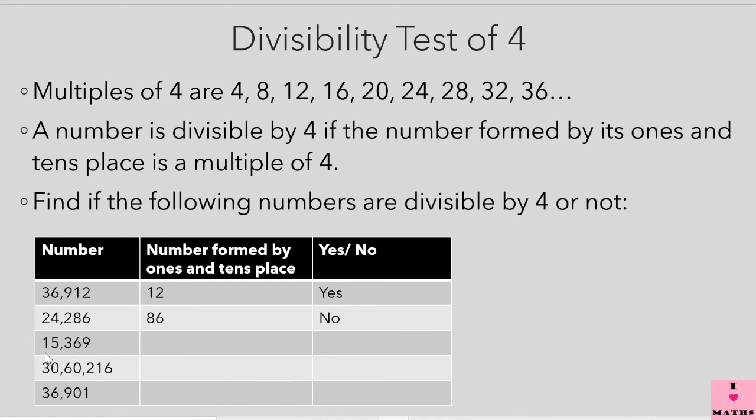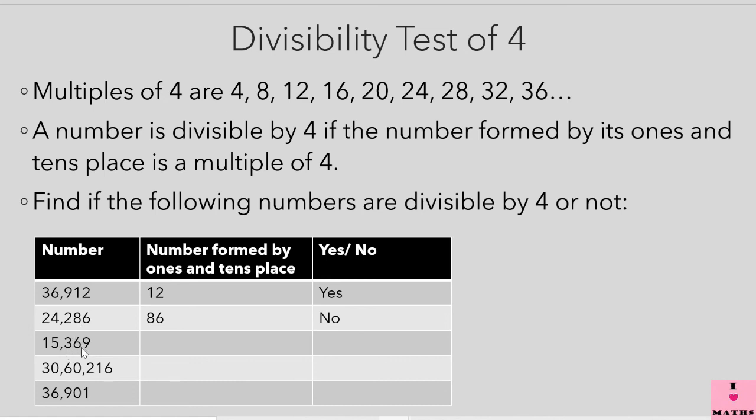Okay, now the next number is 15,369. So the number which we have to check is 69. We need to check whether 69 will come in the table of 4 or not. Again, I know you don't remember the table of 4 till so far, so we need to divide 69 by 4 mentally.